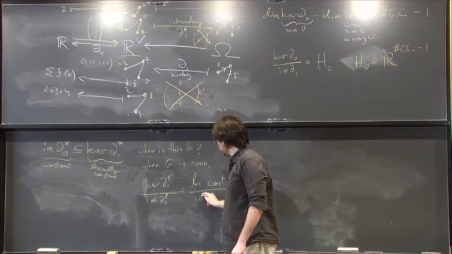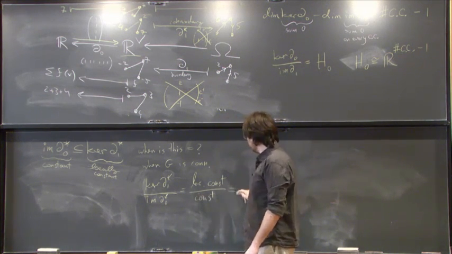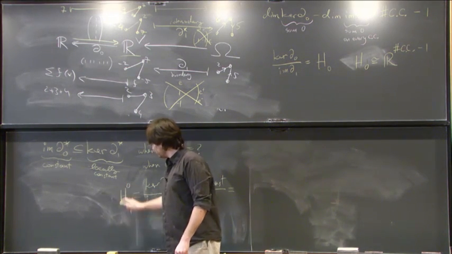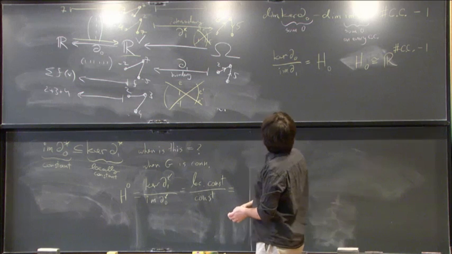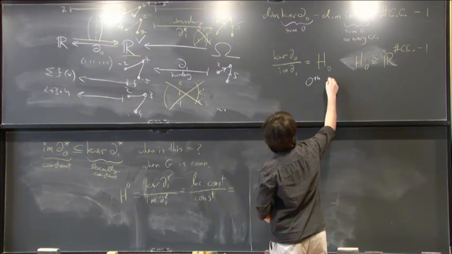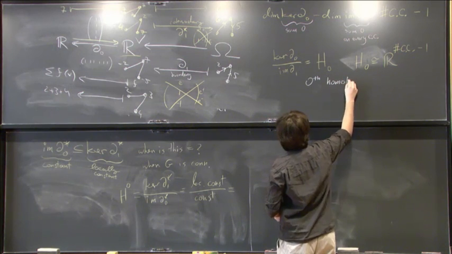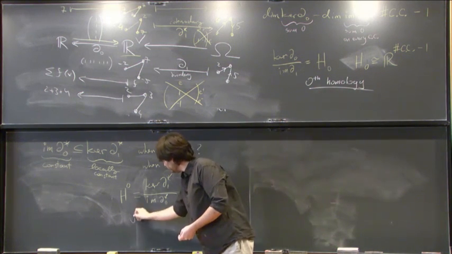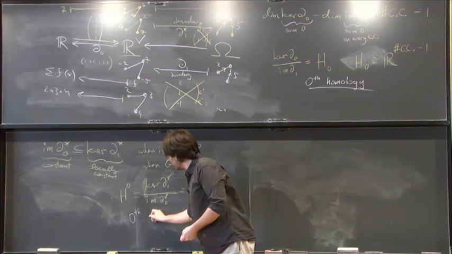And this is called the zeroth cohomology. I didn't write the name, but so this is the zeroth homology. And this is the zeroth cohomology.